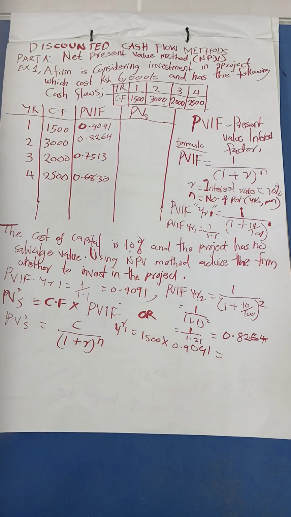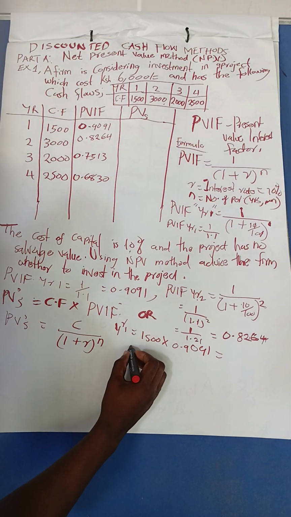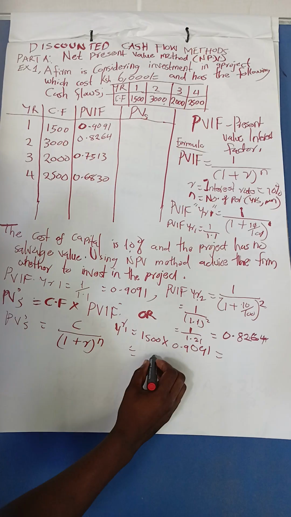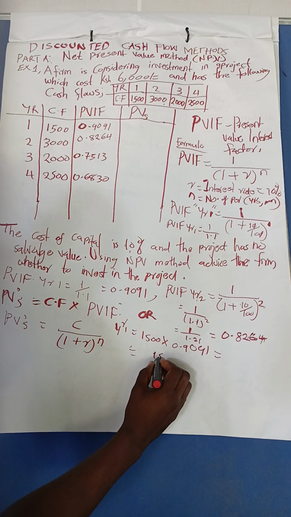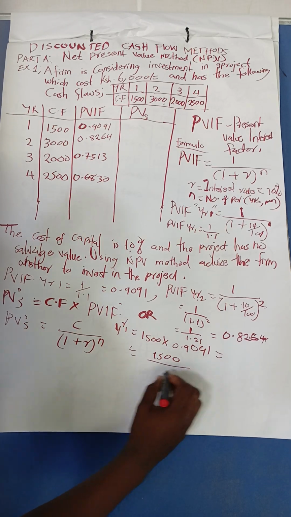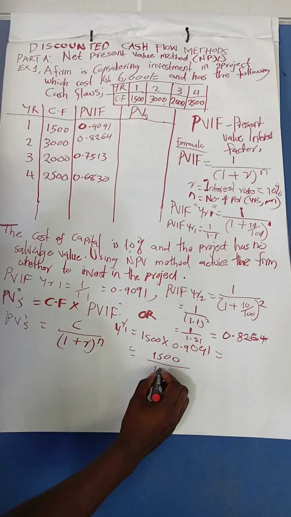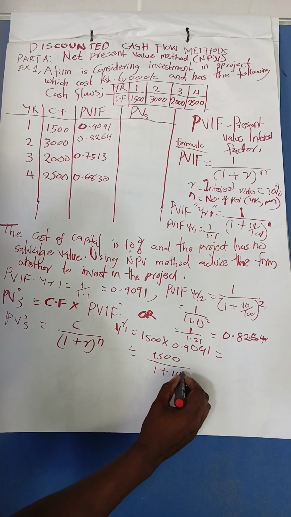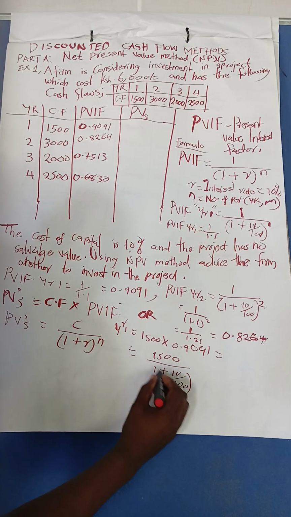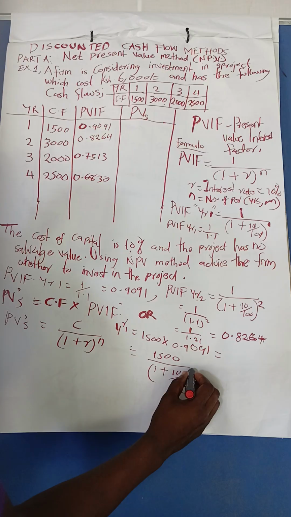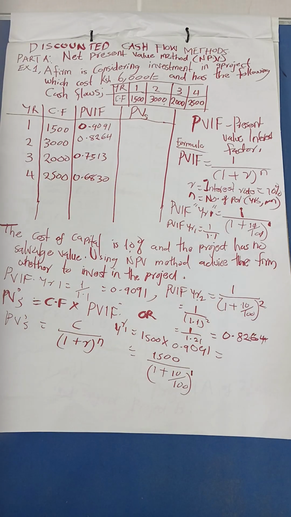You'll get what? Then use the same year 1 with method 2: the cash flow for that year is 1500. You divide by 1 plus the rate, which is 10 over 100, raised to the power 1 because it's year 1. Let's see if you are getting the same results; then we'll apply the same in all other remaining years.